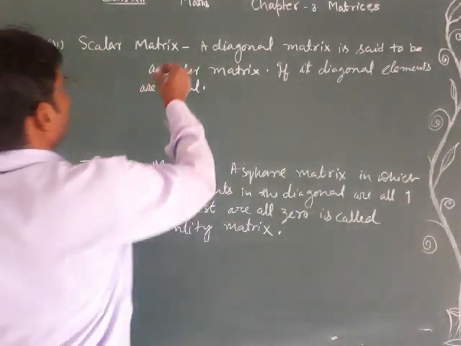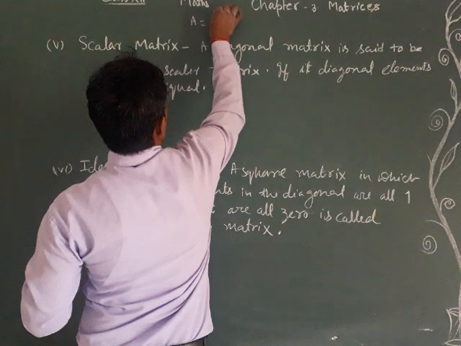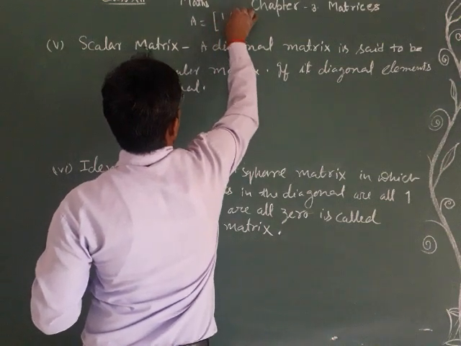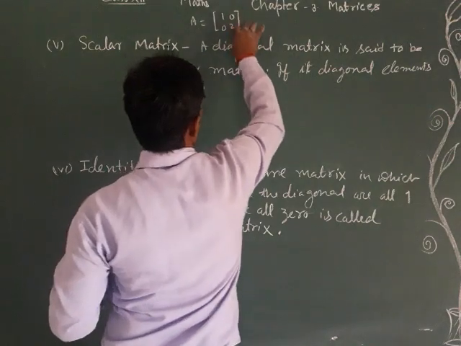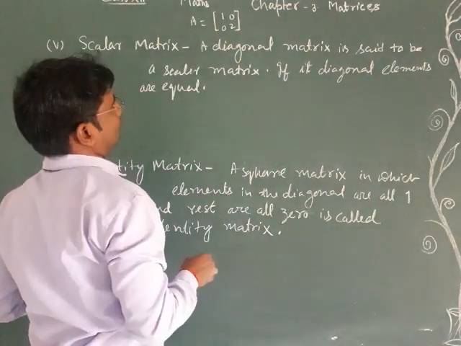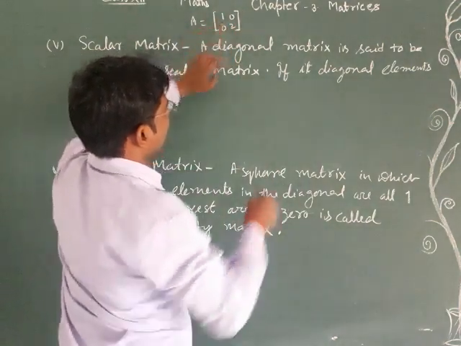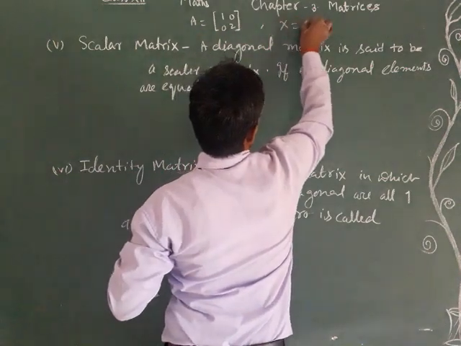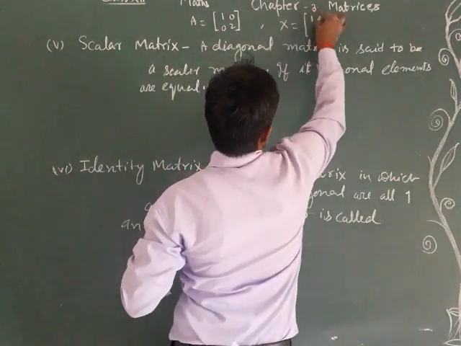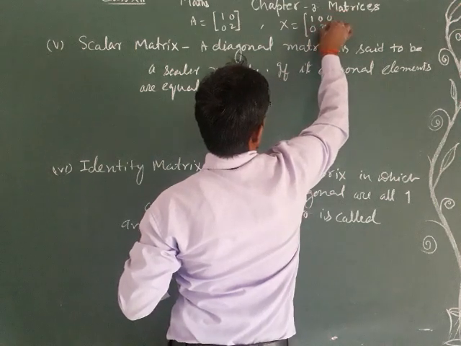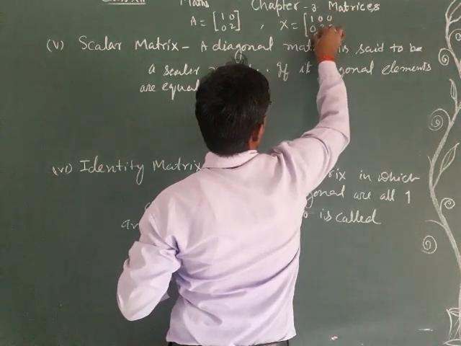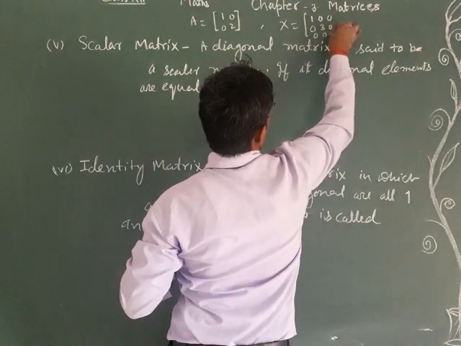For example, the matrix 1, 0, 0, 2 is a diagonal matrix. Another matrix: 1, 0, 0, 0, 3, 0, 0, 0, minus 4.